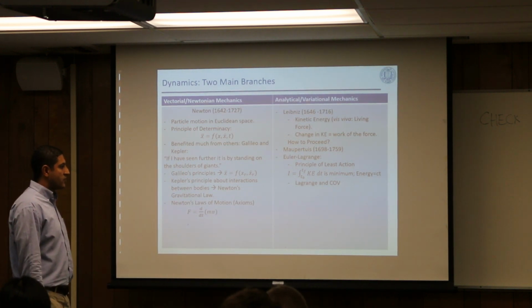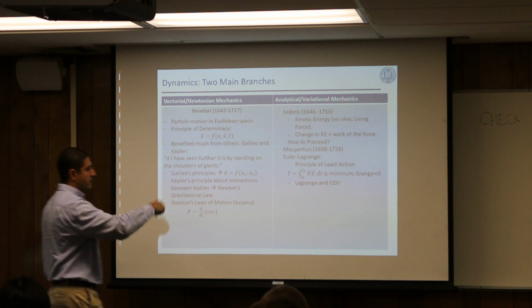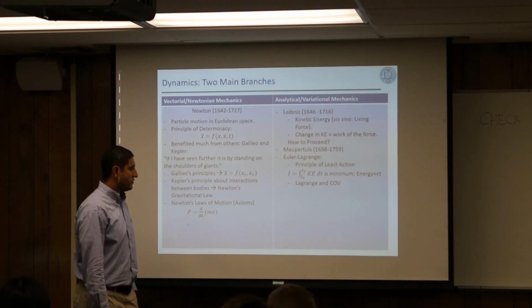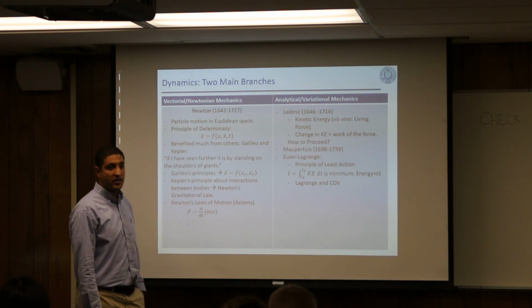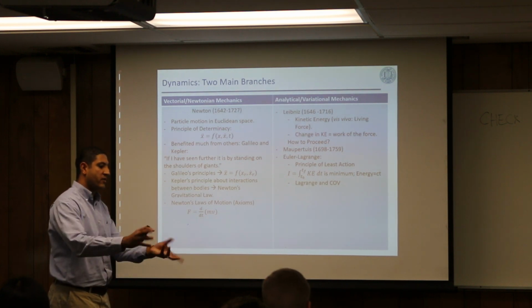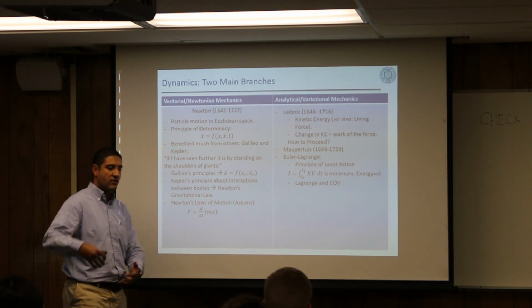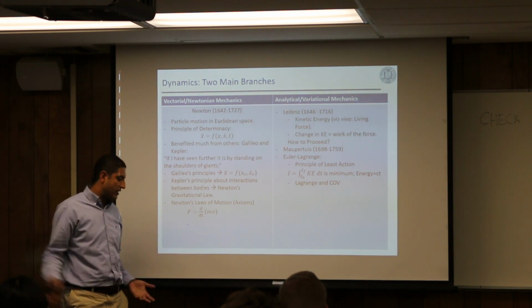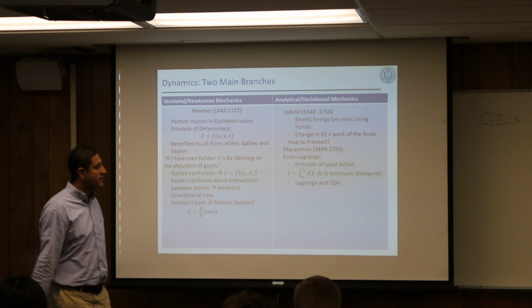And this is why actually Hamilton, the next big name in chronological order in dynamics, used to call Lagrange the Shakespeare of mathematics. Because think about it, you encounter a hard problem such that the current mathematics is not sufficient to solve it. So he said, okay, well, let's develop a new calculus for it.